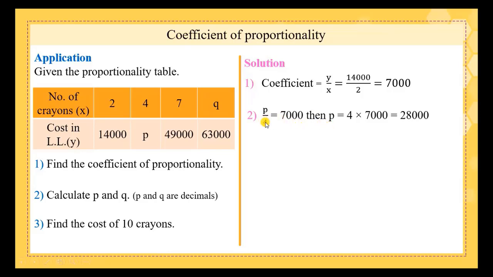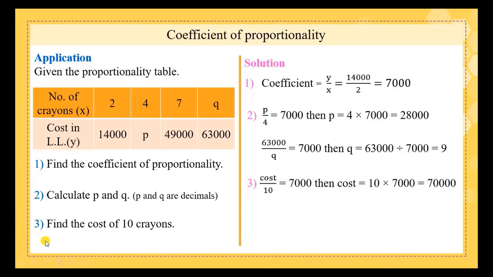Then, by solving this equation, we get p equals 4 times 7,000 equals 28,000. To find q, use the fourth ratio. So 63,000 over q is also equal to the coefficient. By solving this equation, we get q equals 63,000 divided by 7,000 equals 9.